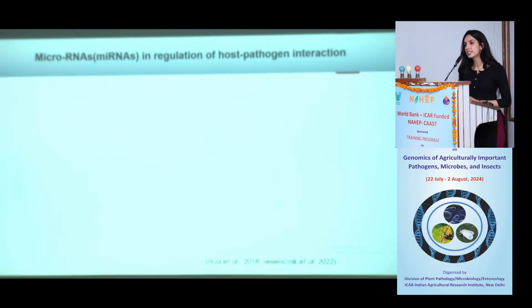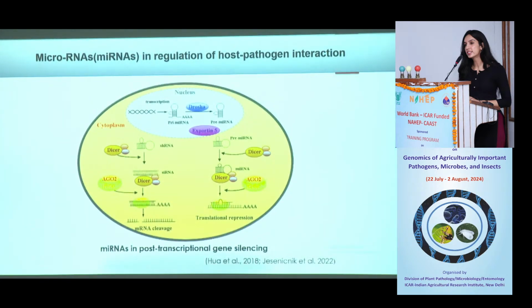Okay. So microRNAs, as we know, in plants, in animals, or in any organism, there is a regulatory process which is referred to as post-transcriptional gene silencing. It is not only confined to plants, it is present in all organisms. This post-transcriptional gene silencing can be through two main agents. One is the small interfering RNA, as you can see on the left side of this picture.